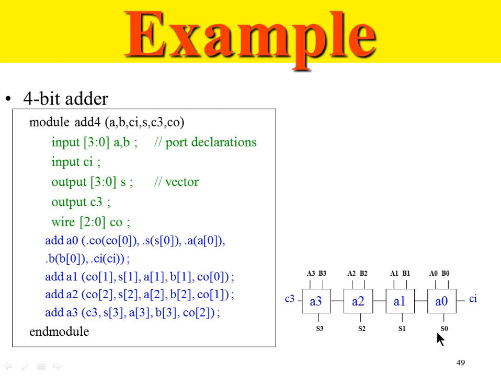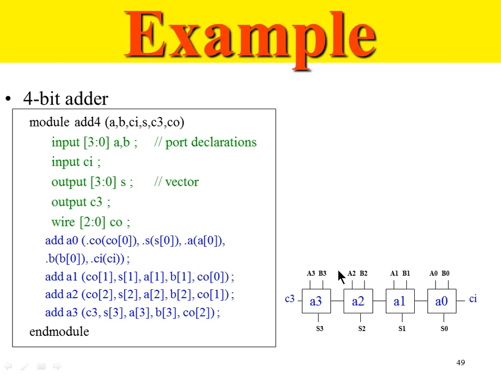Finally, I will get 4 sum outputs and 1 carry out. So there are 3 inputs: A, B, and Ci, carry in. A is 4 bits, B is 4 bits, Ci carry in is single bit. There are 2 outputs: carry out, which is C3 in this case, meaning carry out of stage 3, and the sum output, which is 4 bits.